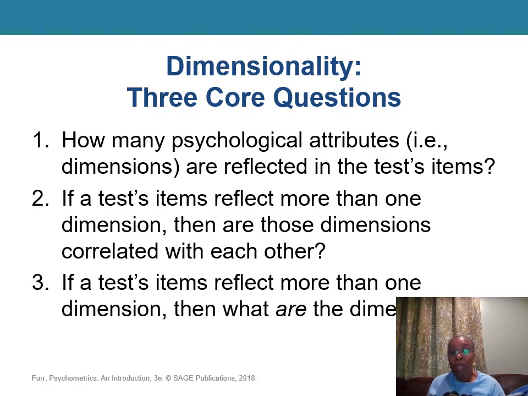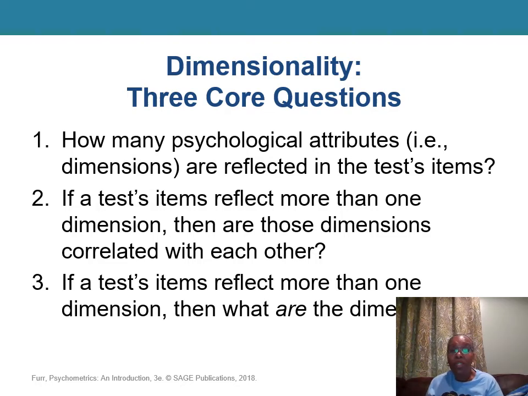That would include eigenvalues and factors, which leads to the third question. If test items reflect more than one dimension, then what are those dimensions, exactly?